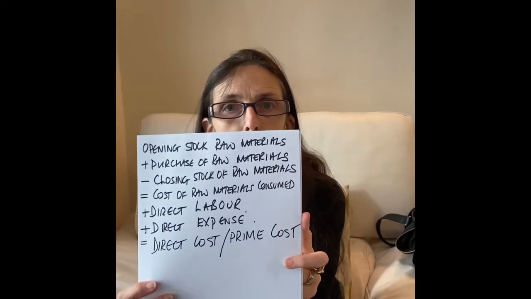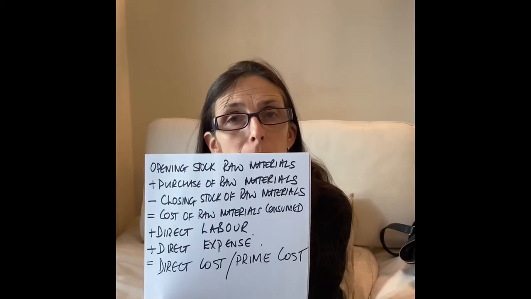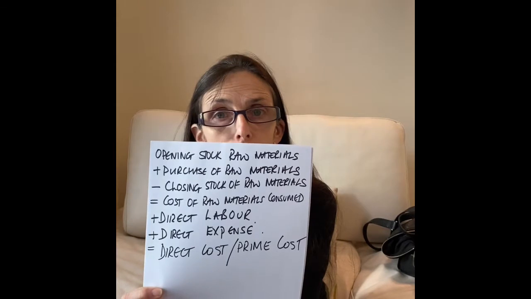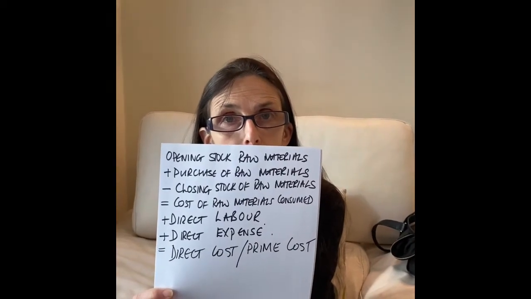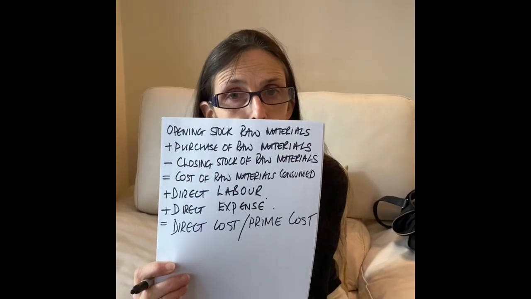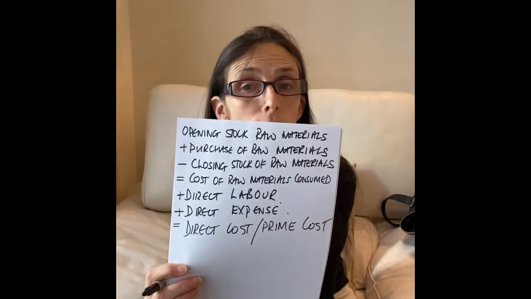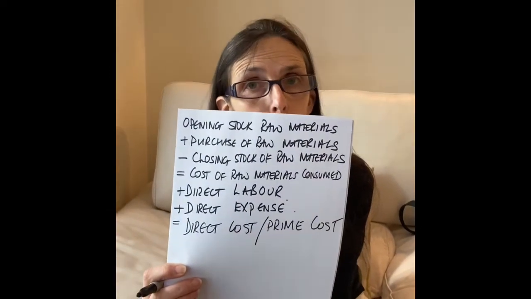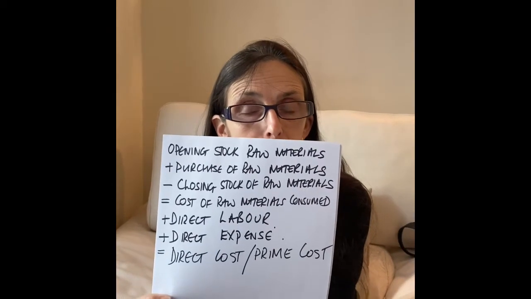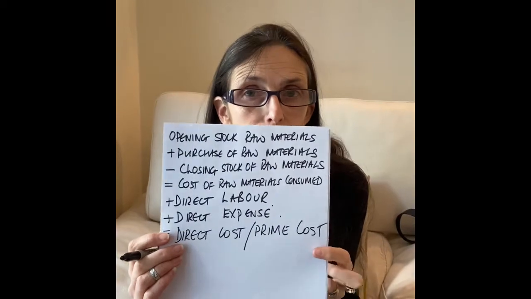If you think about Prime Minister, he's the first minister. If you think about prime costs, these are our first costs of production. So we add together the three direct costs. Your exam may refer to it as direct cost, or it may refer to it as prime cost, the first costs of production. So this first section is the first part of a manufacturing account.